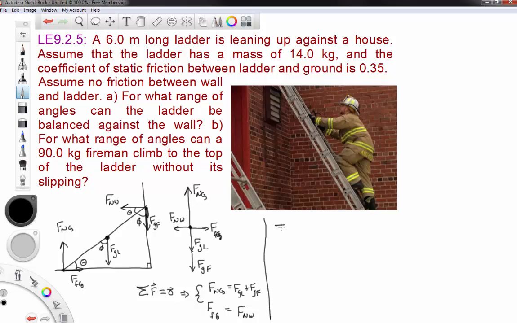Now if we include torques into the mix, we're going to take this to again be position 0.